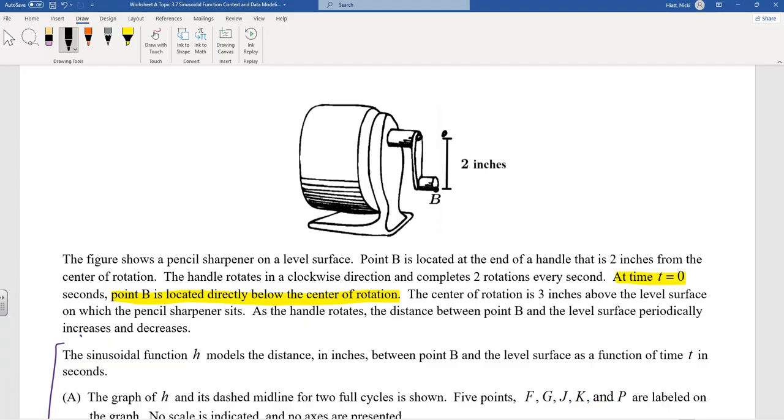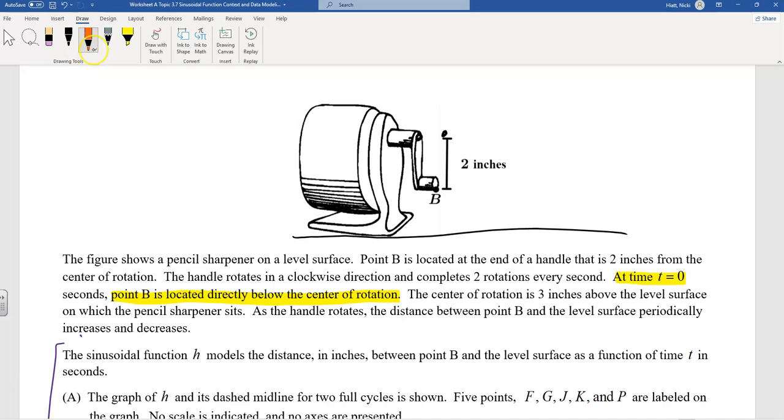But there's got to be more information here, because it talks about this flat surface that this is sitting on, right? Is the handle touching that surface when it gets to its lowest point? It is not, right?